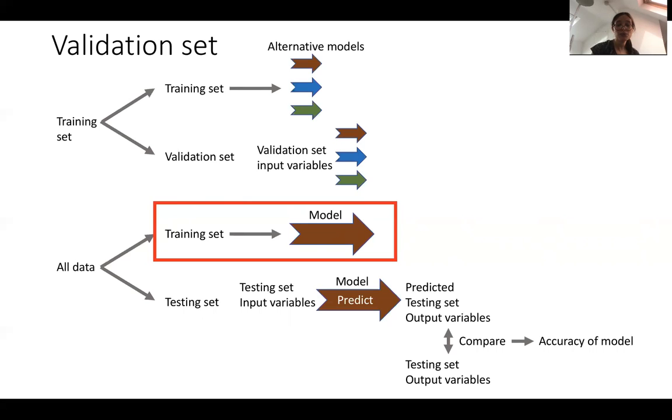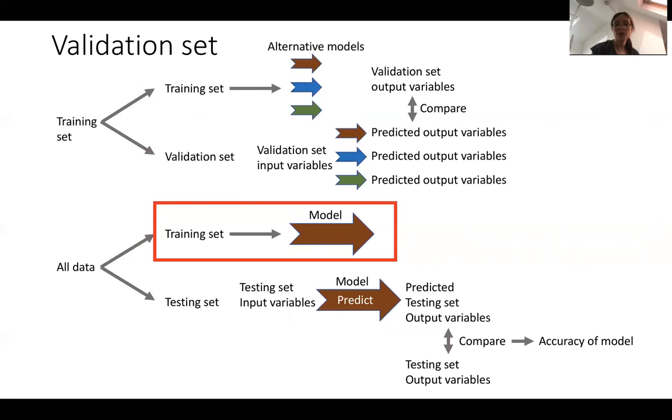Then we can take the input variables from our validation set, plug them into these alternative models, and come up with different sets of predicted output variables from our validation set. We can compare our predicted outputs with our known outputs, and from there, we can pick the model that is most accurate on the validation set. Then this model is the one that we use to find our final accuracy using our testing sets.